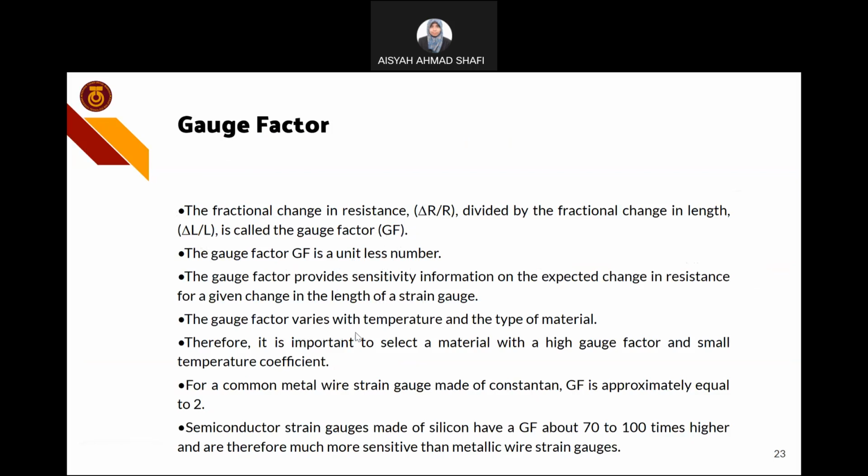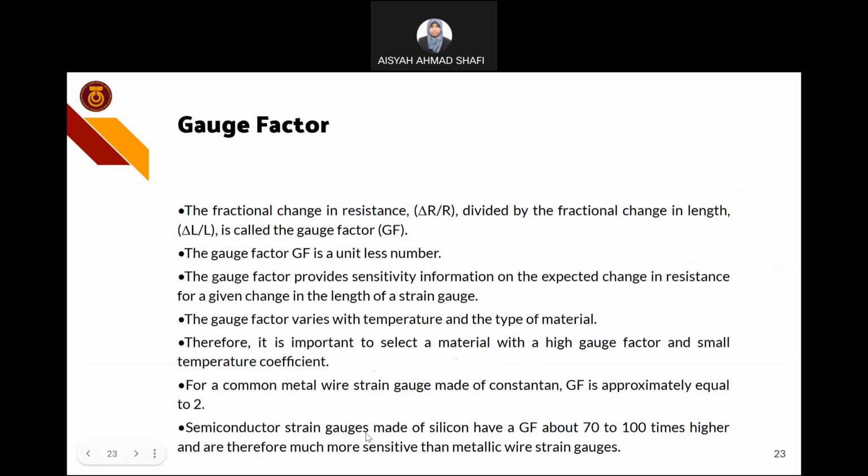Gauge factor actually varies with temperature and type of material. So it is important to select material with high gauge factor and small temperature coefficient for the displacement sensor. For common metal wire strain gauges made of constantan, gauge factor is approximately equal to 2.